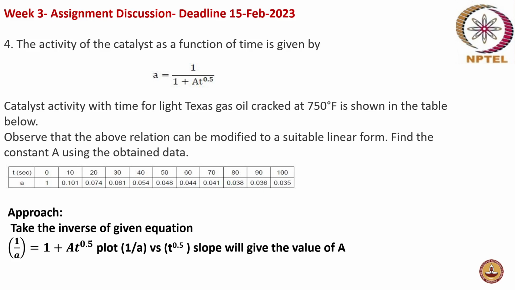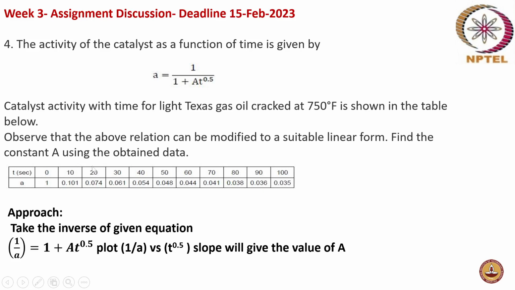Where x is nothing but your t power 0.5 and y is nothing but 1 by A. So when you plot 1 by A on the y-axis and t power 0.5 values on the x-axis, the intercept is 1 already, from the expression itself you can find that. So from this, you will get the slope. The slope value will be equal to a.